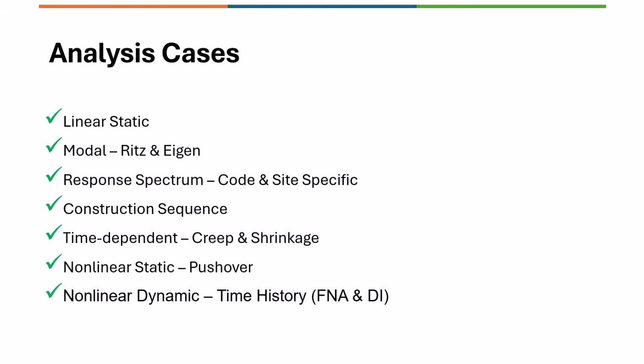You can develop site specific and use it within the program. So we have these two primarily used for elastic analysis. And then we have the construction sequence case. Instead of modeling the entire structure and analyzing the whole structure for the analysis, the construction sequence can be specified, and then the analysis will be performed in those stages.